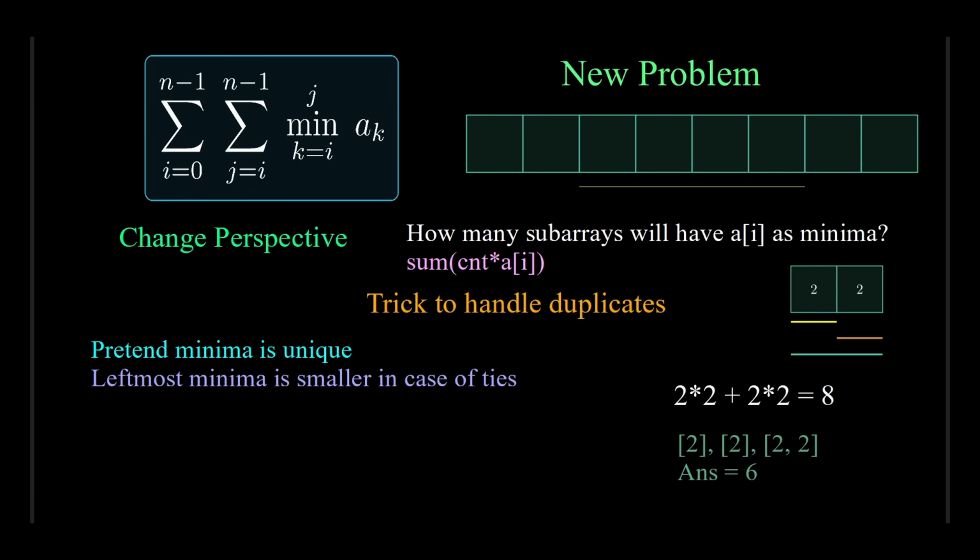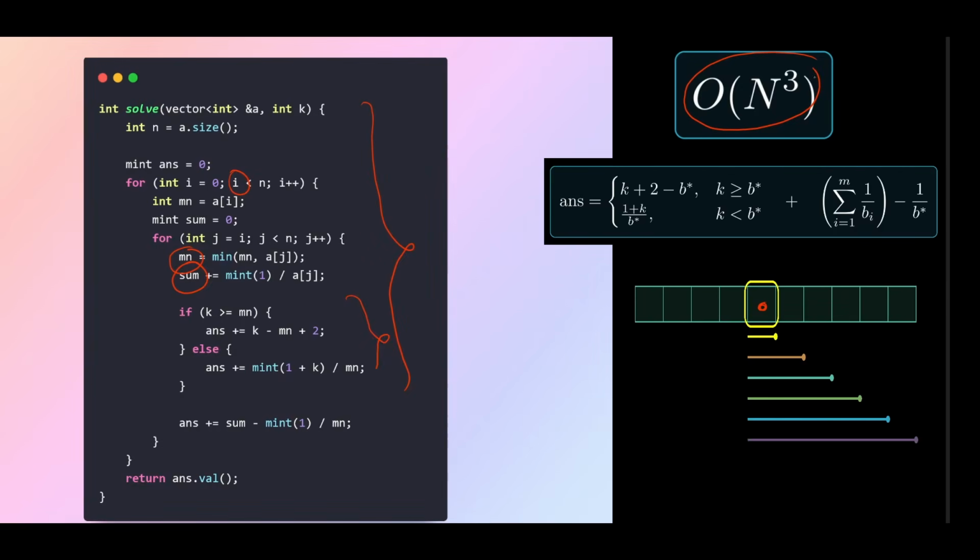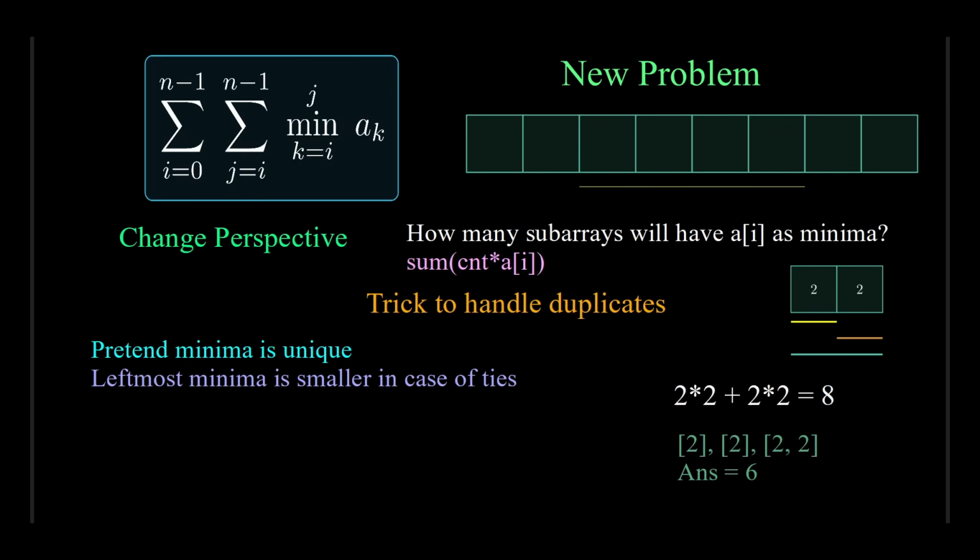Before we dive into that optimization, I want to talk about a different problem, the solution of which will lead us to the optimization that will be used to reduce the time complexity from n cube to something better. This new problem says that you are given an array, and this is a subarray of that array, and you have to compute the minimum value of this subarray, and then compute the sum of the minimum value across all the subarrays.